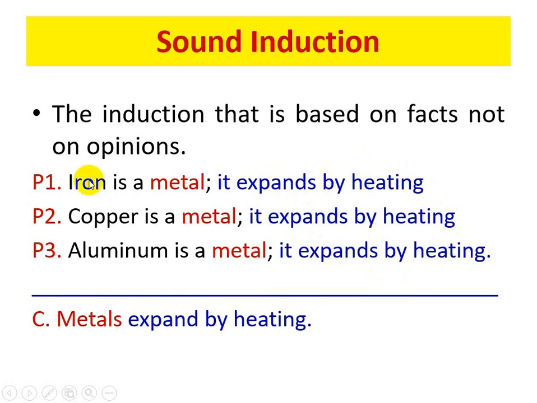Because iron, copper, and aluminum are metals, and these are scientific facts, and they all expand by heating, which is also a scientific fact. So the conclusion here is sound, because metals expand by heating. So when we base our induction on facts, the conclusion may be sound.